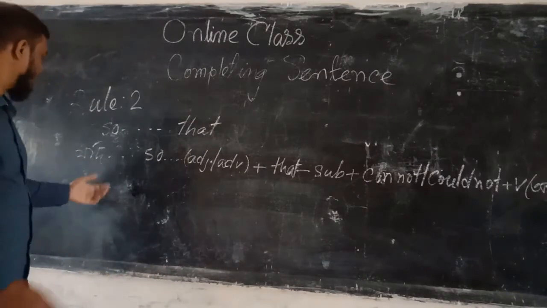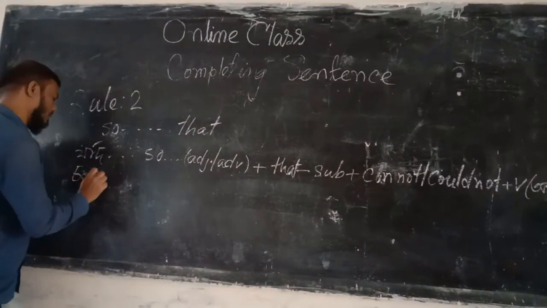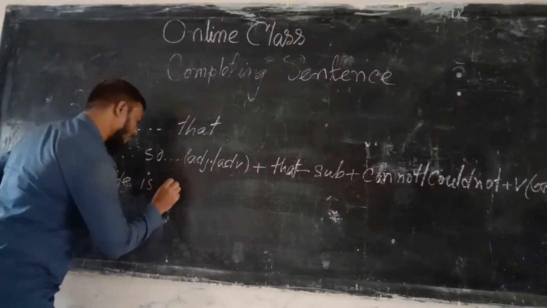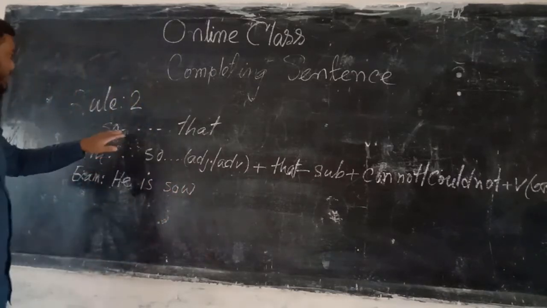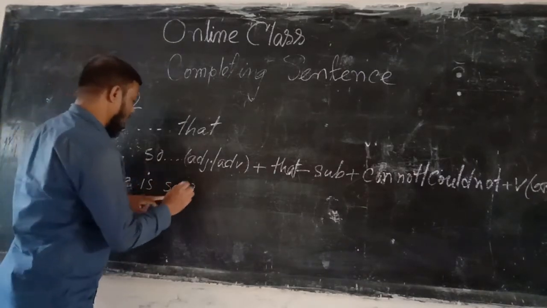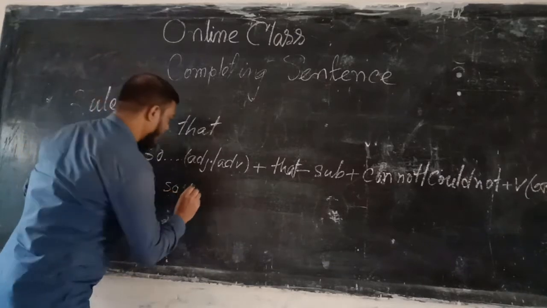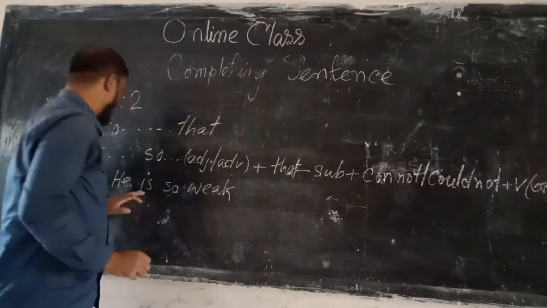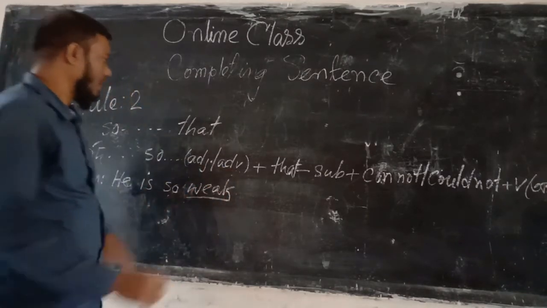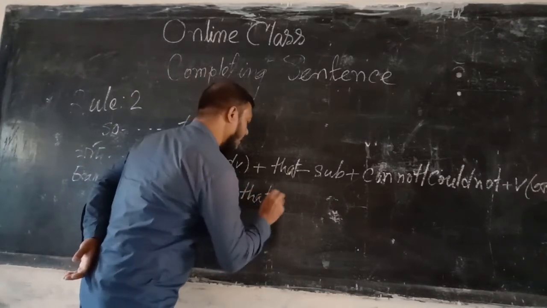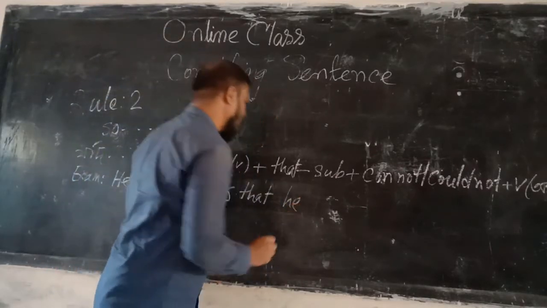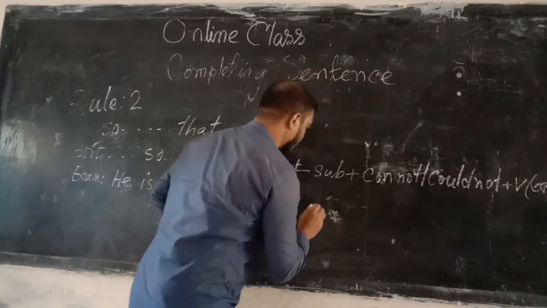Dear students, let's see an example. Suppose he is so, like this structure, that means subject plus verb plus "so", then adjective or adverb. He is so weak, that means adjective or adverb is "so weak", plus we have to use "that", then the subject is "he", then we have to use "cannot" or "could not".